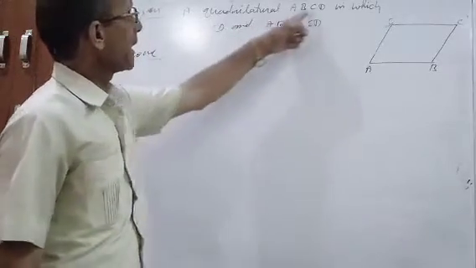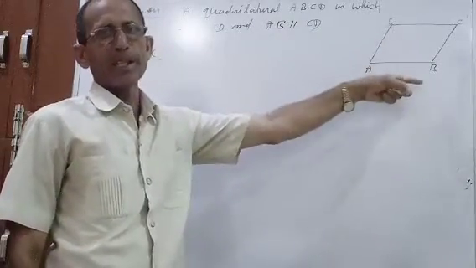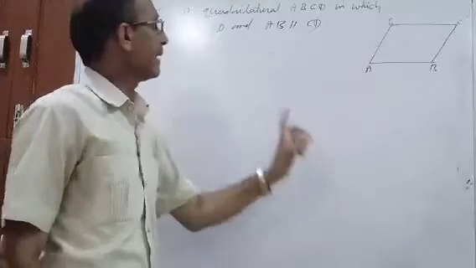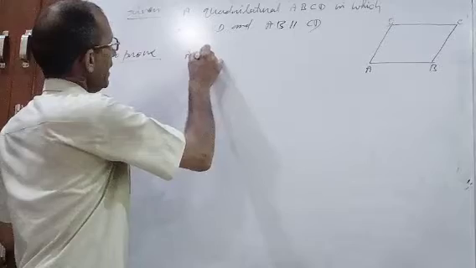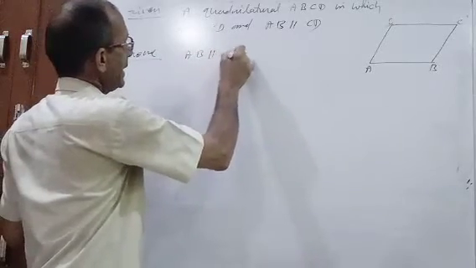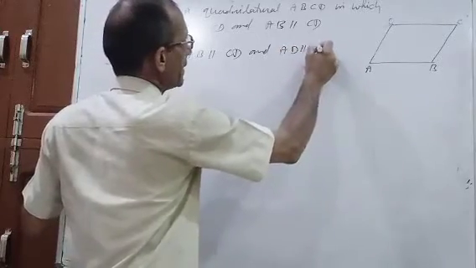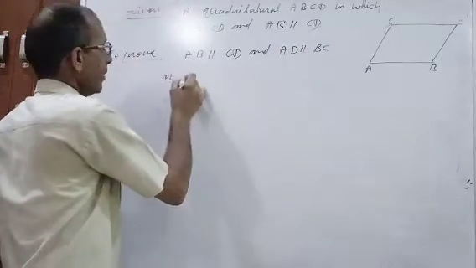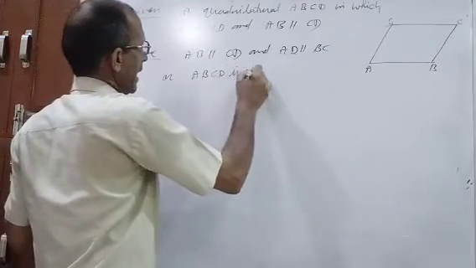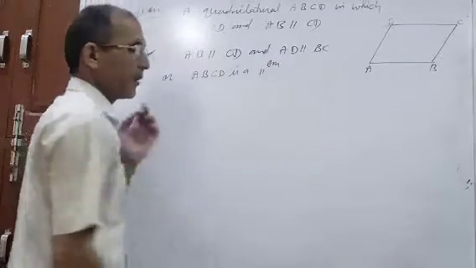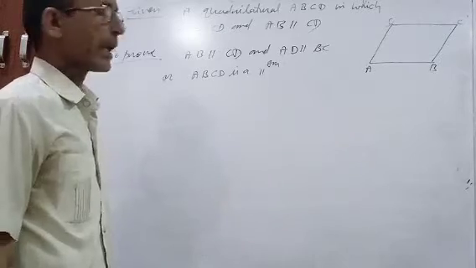So given a quadrilateral ABCD in which AB is equal to CD and AB is parallel to CD, we have to prove AB parallel CD and AD parallel BC, or that ABCD is a parallelogram. Any doubt, any confusion? Okay.